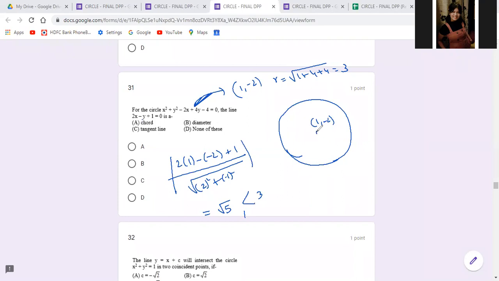That means what? It's a chord. The distance is root 5 and the radius is 3. Therefore, this is a secant.